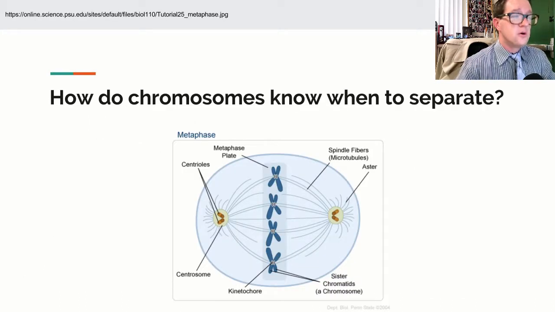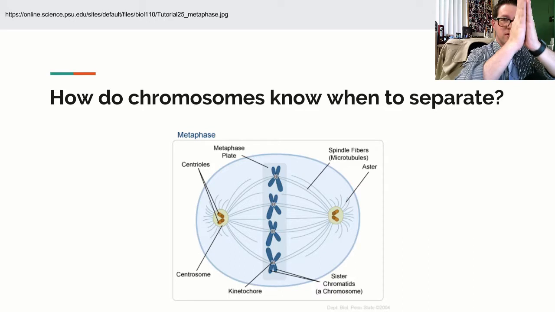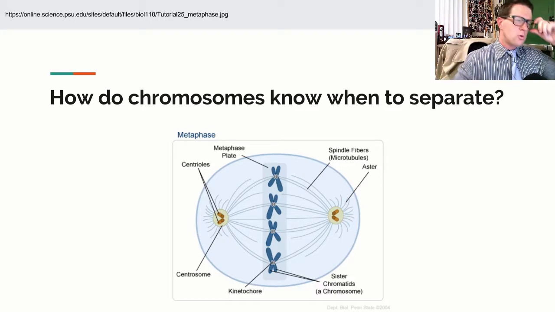We also know that they don't immediately separate. They actually move and they wiggle and jiggle until they're in the middle, and then we'll see them separate, which means they have to know that they're in the middle. If we look closer, we notice there are microtubules, what we call the mitotic or the meiotic spindle, that stretch out from the origins of microtubules.